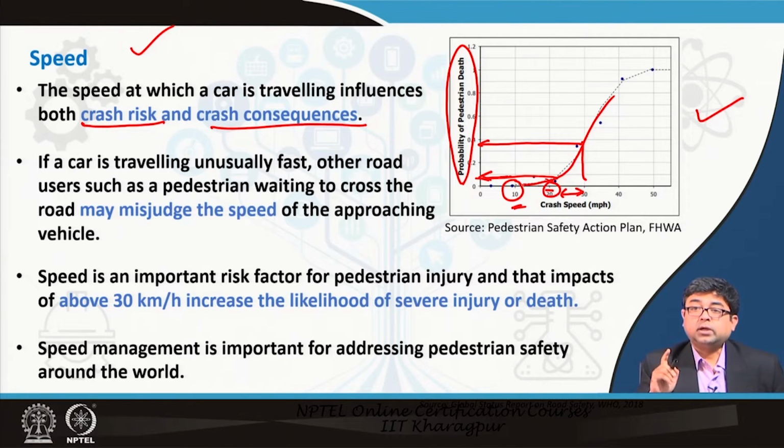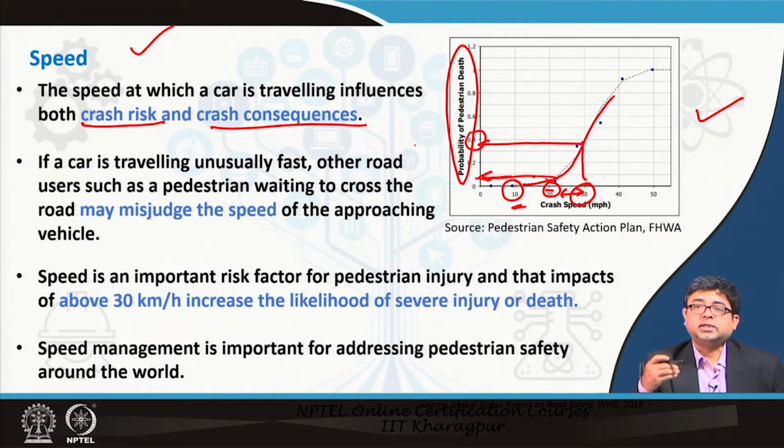This is what every pedestrian and every motorist has to be aware of. 30 miles per hour does not seem very high, right. But if you hit a pedestrian at even that speed, their probability of dying is very high, almost 40%. So, you have to be very careful when you are driving on the roads.